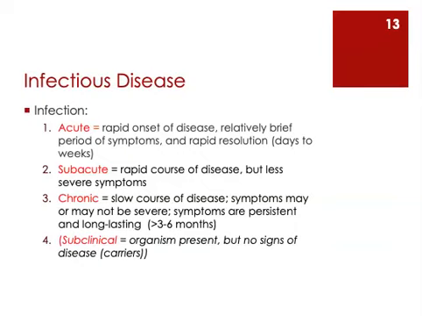This term acute just means having a rapid onset, relatively brief period of symptoms, and a rapid resolution. So acute infections are going to last from days to weeks and are going to be rapid in their onset and, while sometimes quite severe in their symptoms, rapid in their resolution.